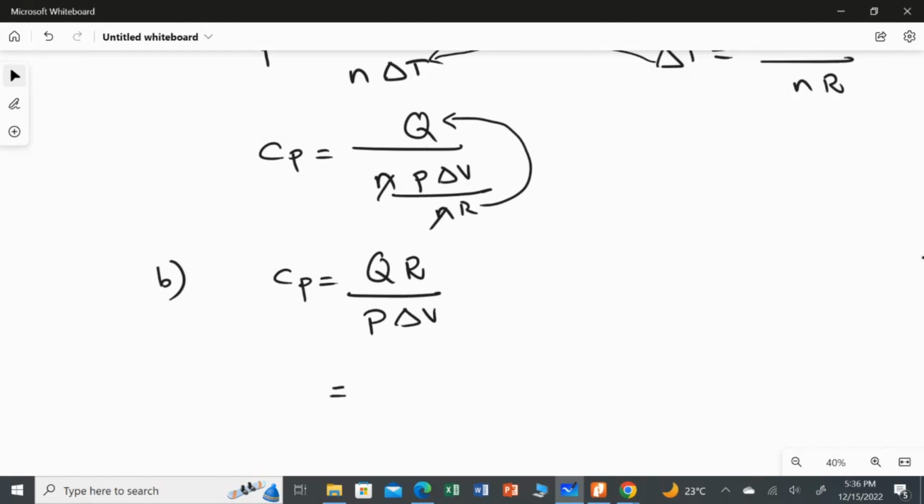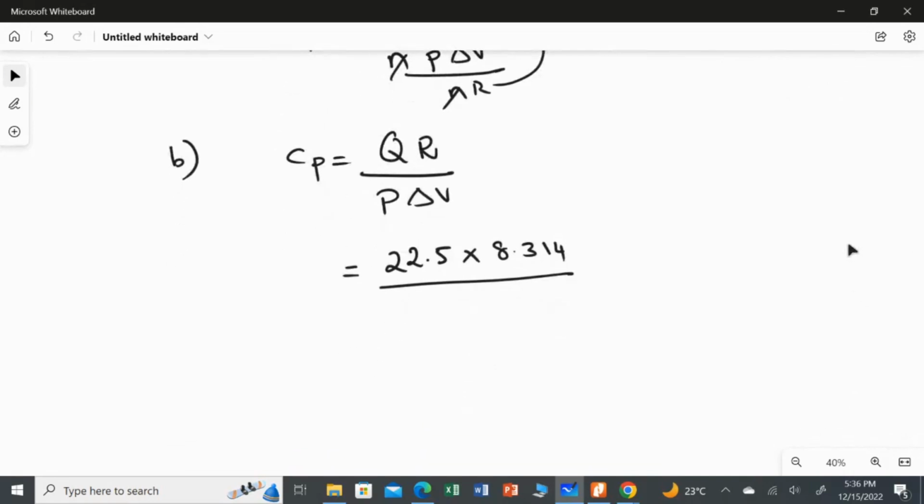So now I am going to substitute the values. The amount of heat supplied to the gas here is 22.5, multiplied by the gas constant 8.314, over the constant pressure, which in terms of Pascal is 1.01 multiplied by 10 power 5, and delta V: final is 100 centimeter cube and initial is 50 centimeter cube. When we subtract 100 and 50, we get 50 centimeter cube, but centimeter cube in terms of meter cube is 10 power minus 6.